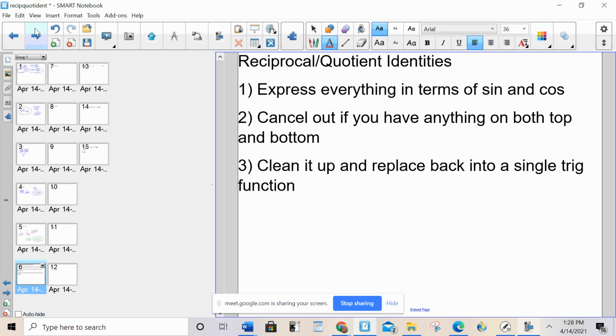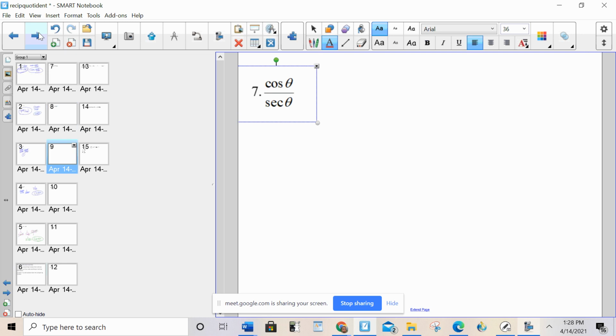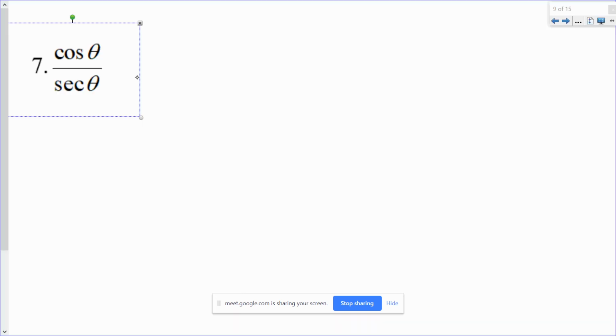All right, there's one more little twist that we're going to see. Number 7: cosine of theta divided by secant of theta. Same thing, I'm going to express everything in terms of sine or cosine. So secant is 1 over cosine.